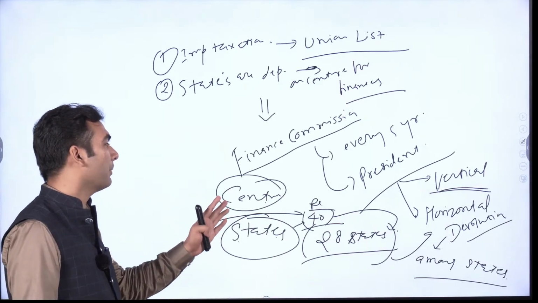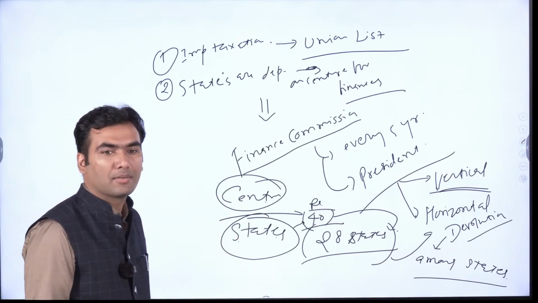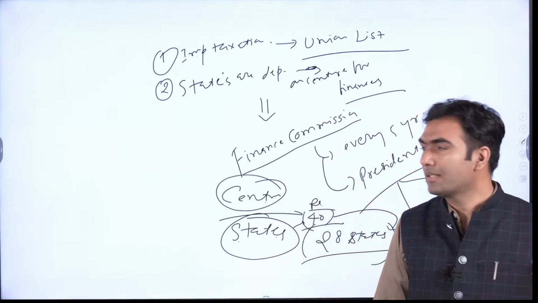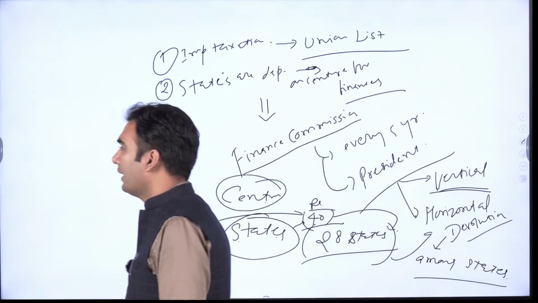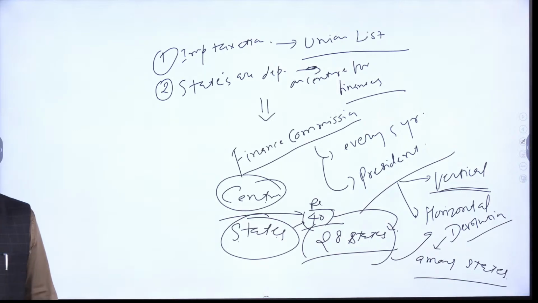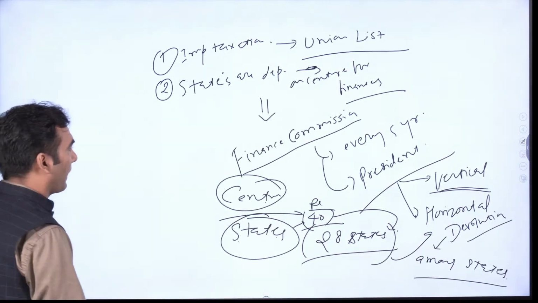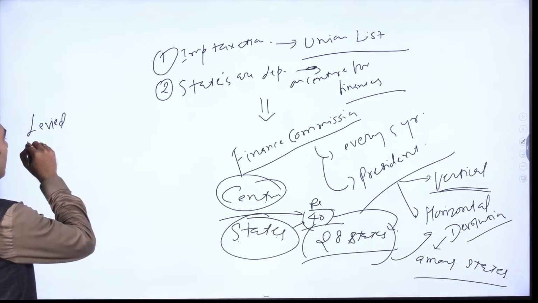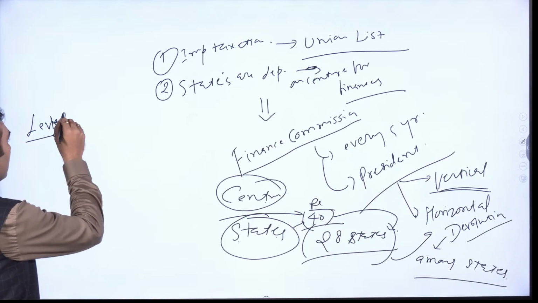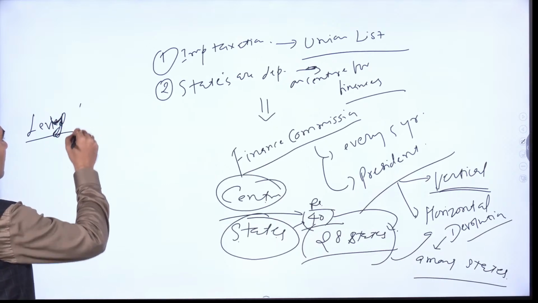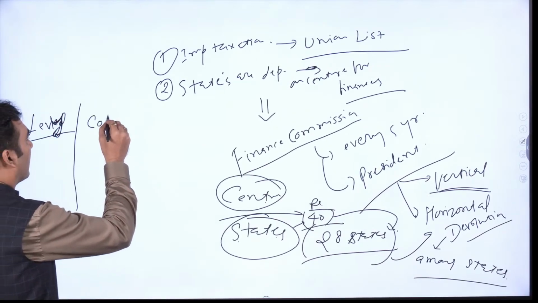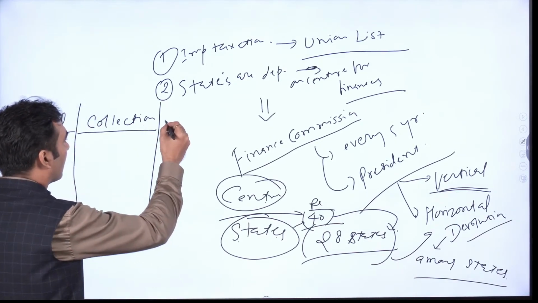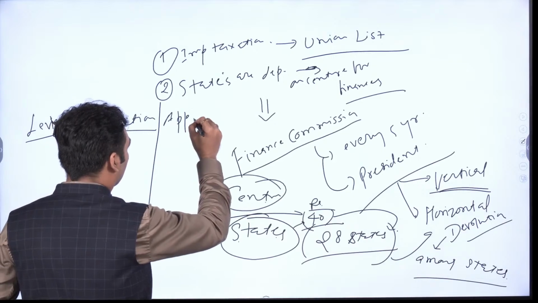One more thing you must keep in mind is about the taxes which are devolved between center and state. There are three terms that are used with respect to taxes. One is levy, second is collection, and third is appropriation.